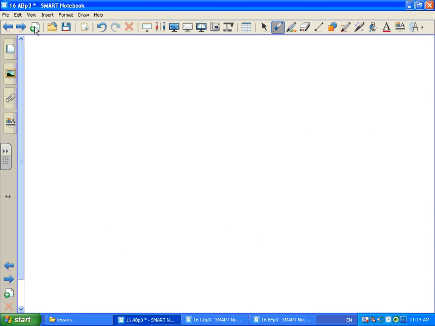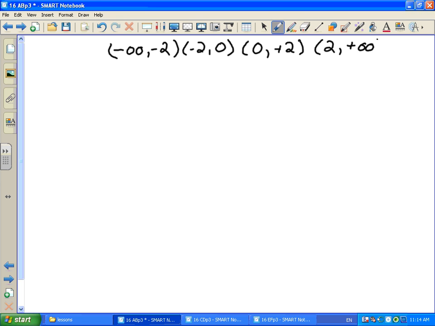So we're going to have 4 intervals because we had 3 critical numbers. So we're going to have negative infinity to negative 2, negative 2 to 0, 0 to 2, and 2 to positive infinity. And we're checking the sign of the first derivative. So we want all of those terms that appear in the first derivative listed down the side.